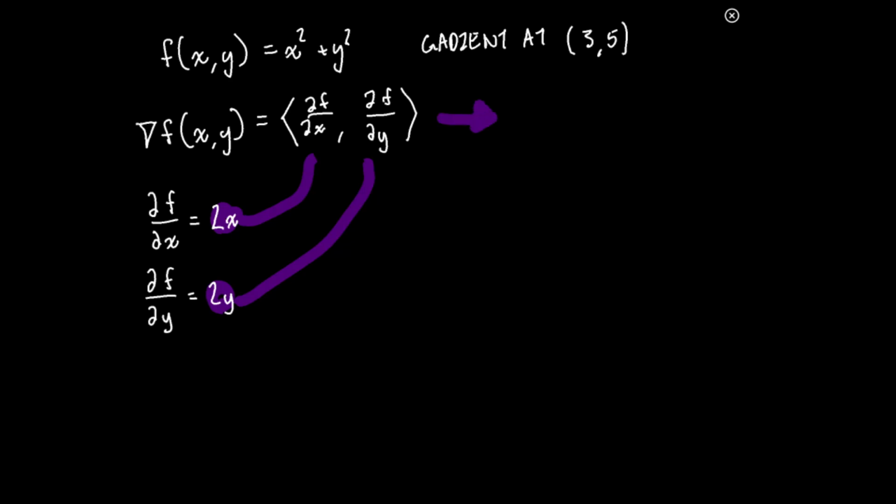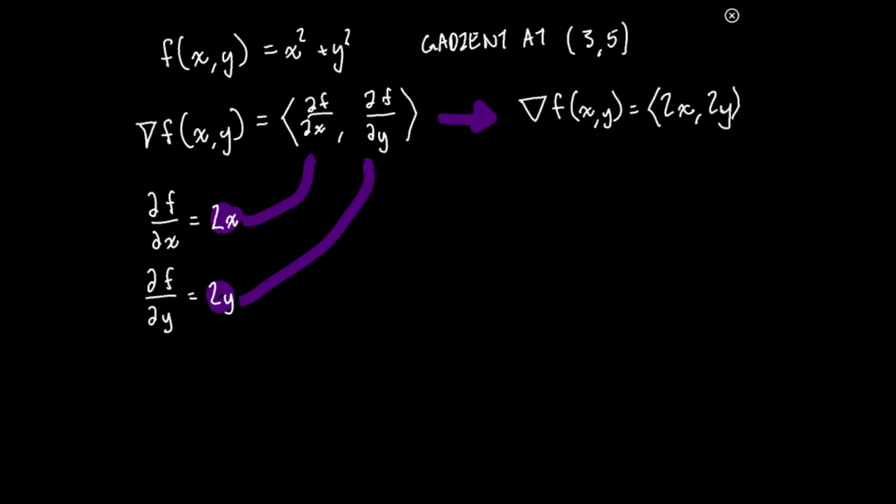And that's going to give us that the gradient of f of xy is equal to the vector 2x, 2y.